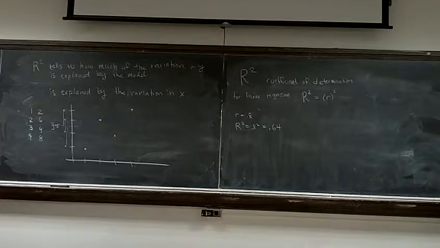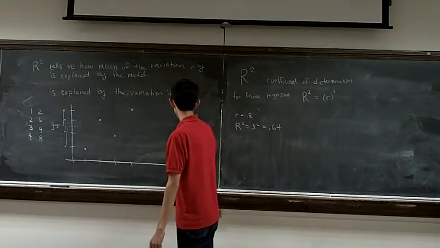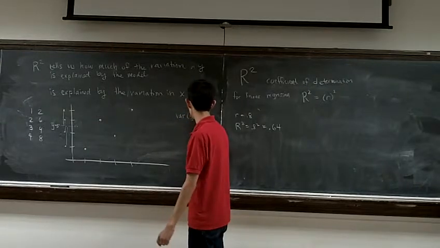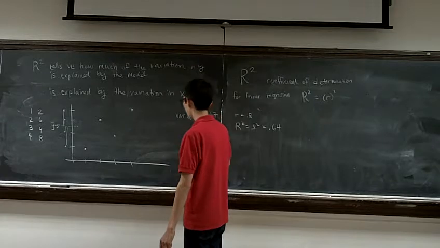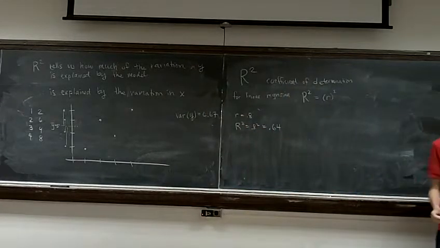We have a total variation of 20 over 3, so the variance is equal to 6.67. You can take the square root of that and get 2.58 something.